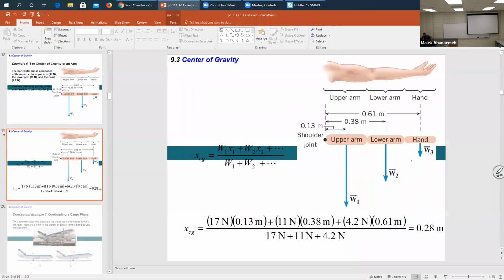Then you get your 4.2, which is multiplied by 0.61, divided by 17 plus 11 plus 4.2. So your answer is 0.28. Awesome.